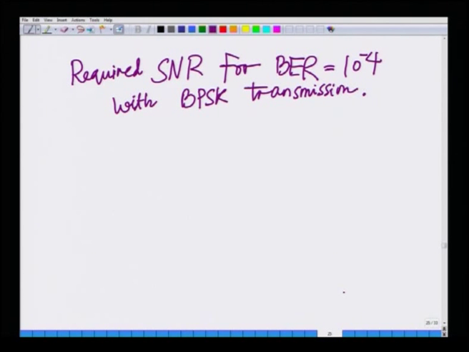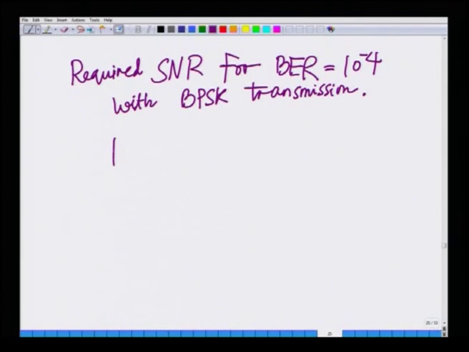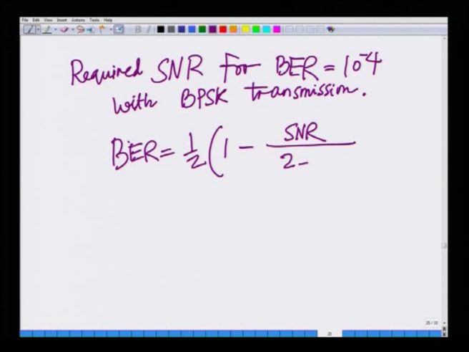Remember, in the early part of the class we derived the expression for bit error rate for BPSK, and that bit error rate is half into 1 minus square root of SNR by 2 plus SNR.